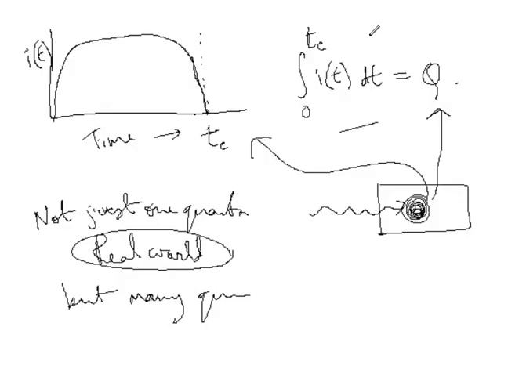Let me assume that the rate is low enough so that each individual interaction gives rise to a current that is distinguishable from all others. The magnitude and direction of each current pulse may vary depending on the type of interaction. So this is, say, a gamma ray of energy E1.